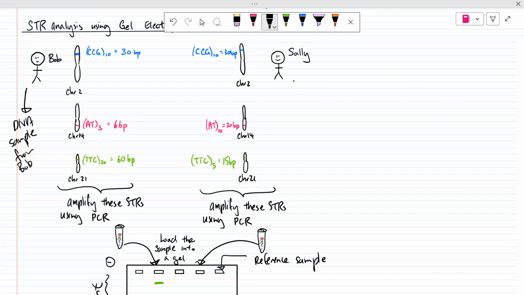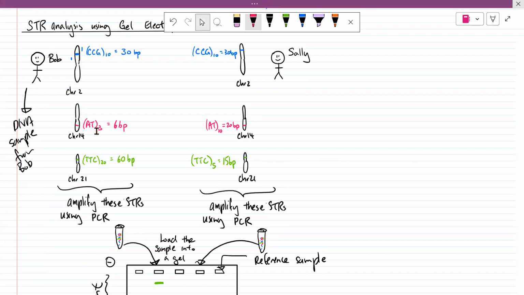So you mix all of his DNA with the primers that you design. For example, you design a primer that flanks this particular STR, another primer for the red one, and another primer for the green one. Then only those parts of his DNA are going to get amplified.